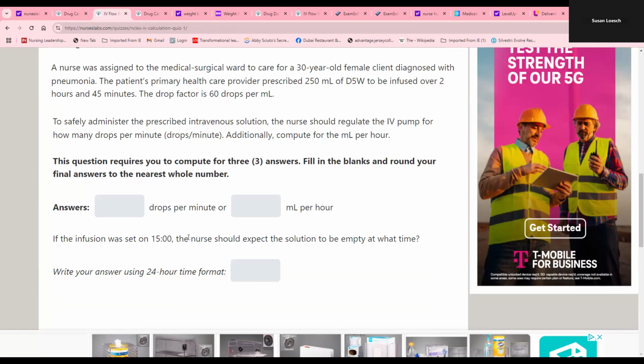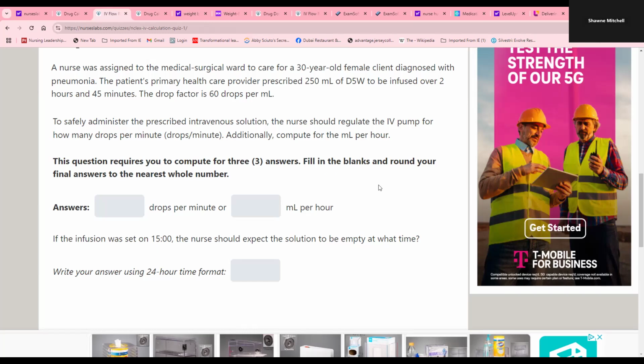Okay, but let's say you didn't have it exactly like that. So let's start with our 250 because that's the volume that we're running. Okay. And if you were going to calculate mLs per hour, how would you do that? How would you calculate the mLs per hour? What would be your formula?